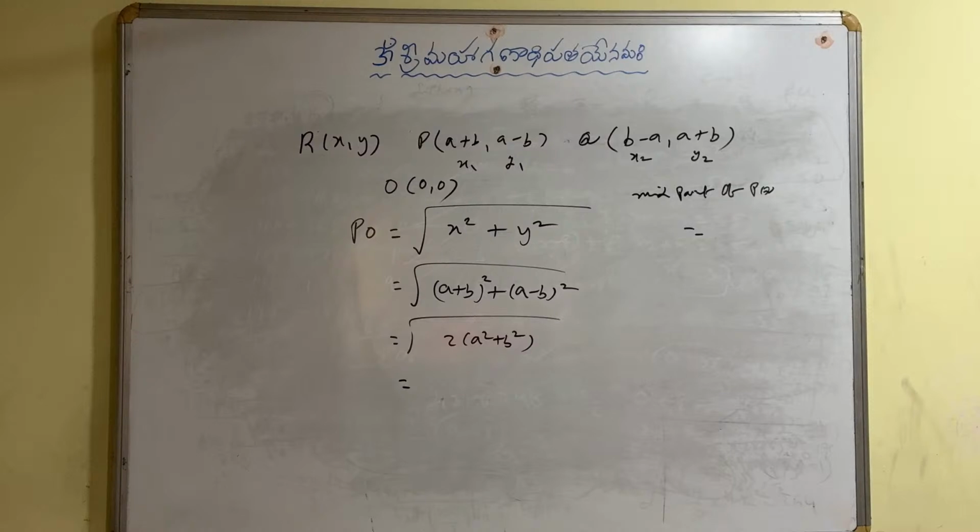Can anyone say what it is? What is that formula? Yes, x1 plus x2 by 2, y1 plus y2 by 2.